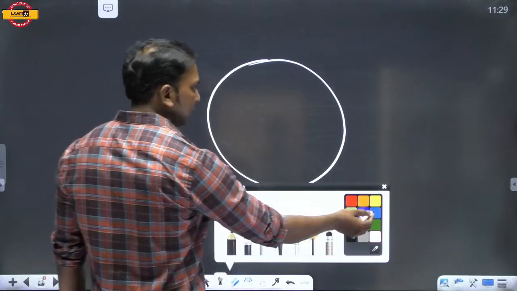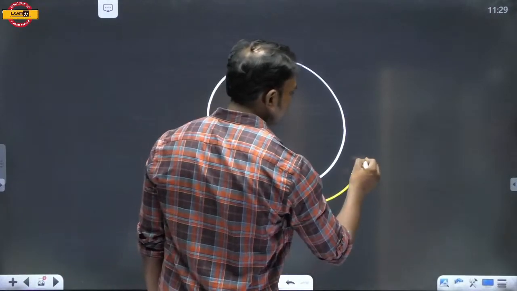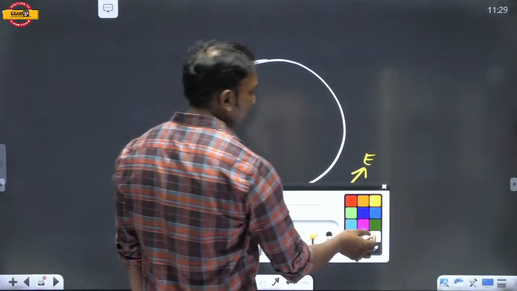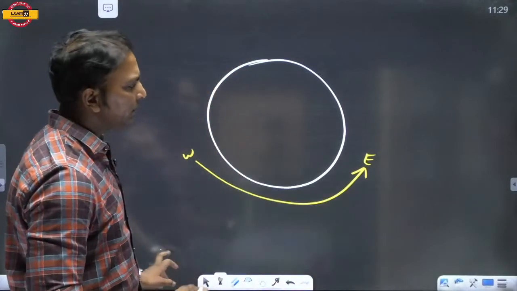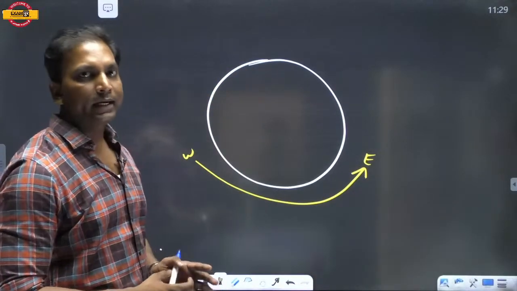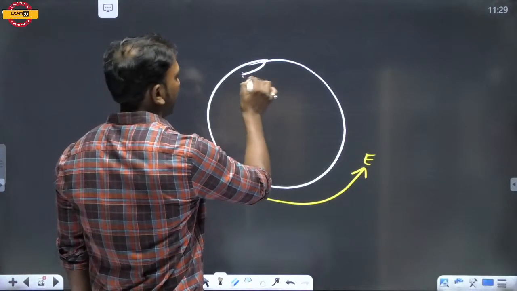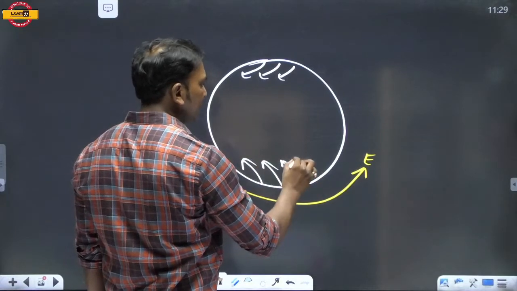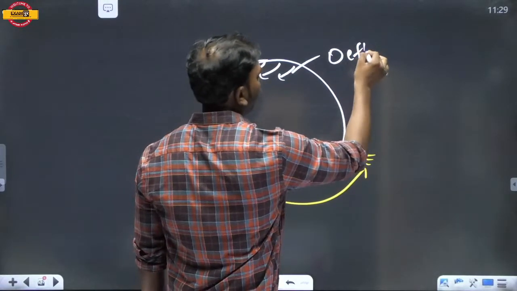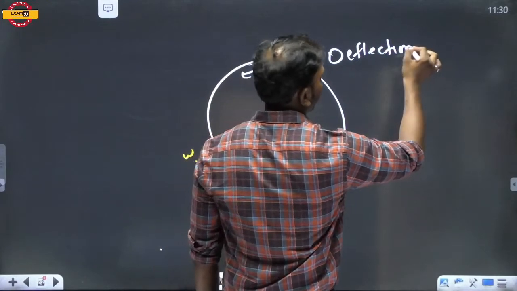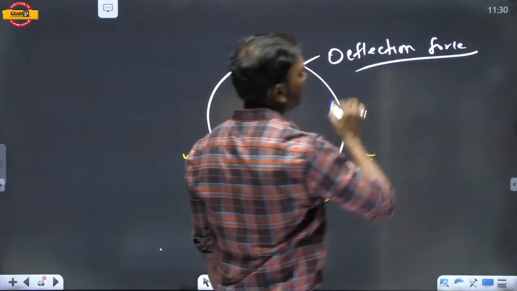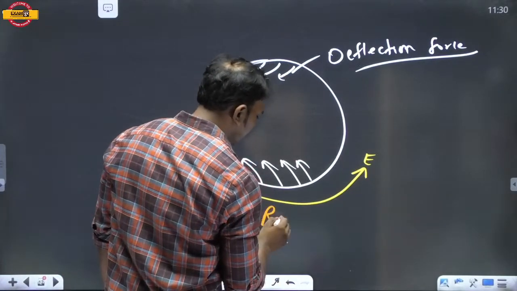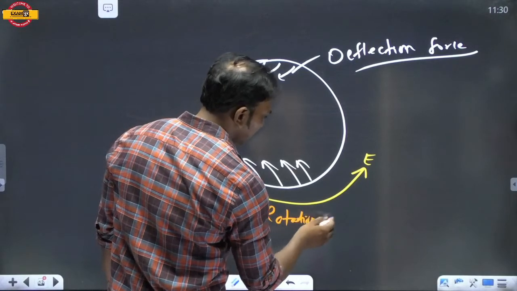You can see here, the earth rotates from west to east, and just because of rotating on its axis, it implies a deflection force against it. This one is the deflection force, which originates from the rotation of the earth.